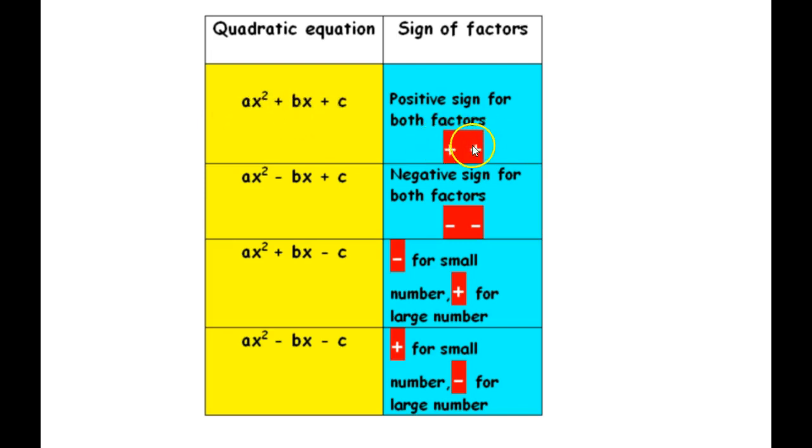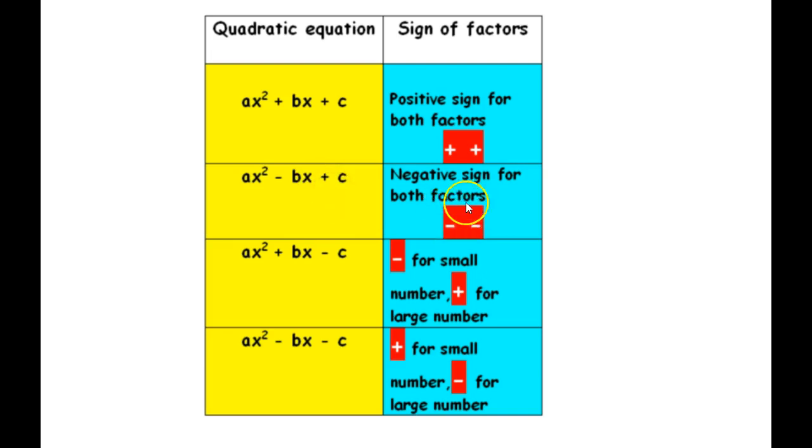So I knew both of my factors had to be positive. In this second example, we have a is positive, b is negative, and c is positive. So if my middle term's negative and my constant is positive, I know both factors have to be negative. Because when I take those two factors, if I multiply two negatives together, I get a positive value for c.